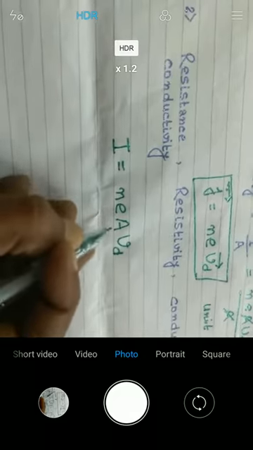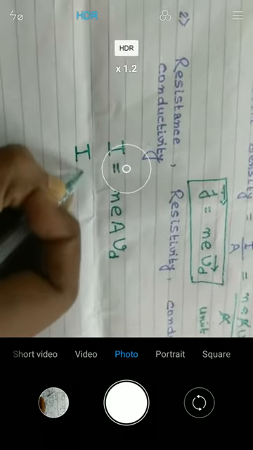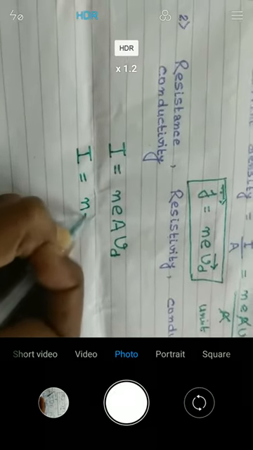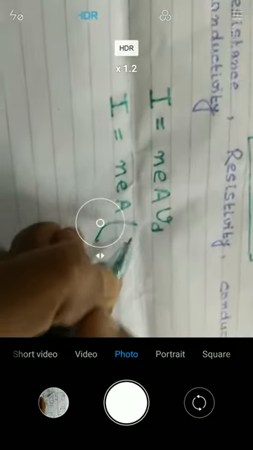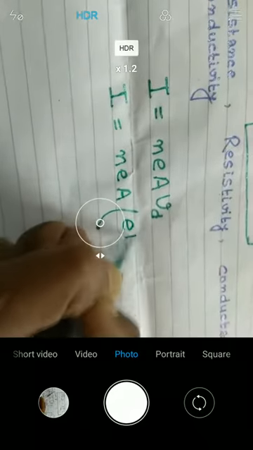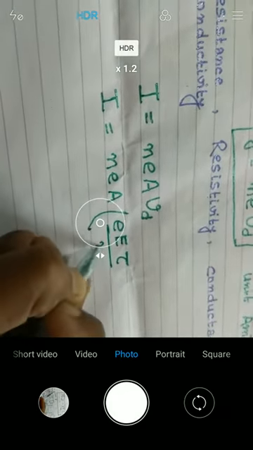If I equals neAvd, I may write I equals neA, and instead of vd, I am writing vd equals eEτ by m.